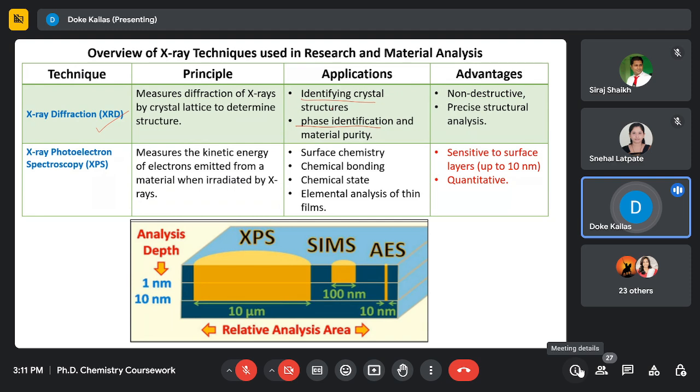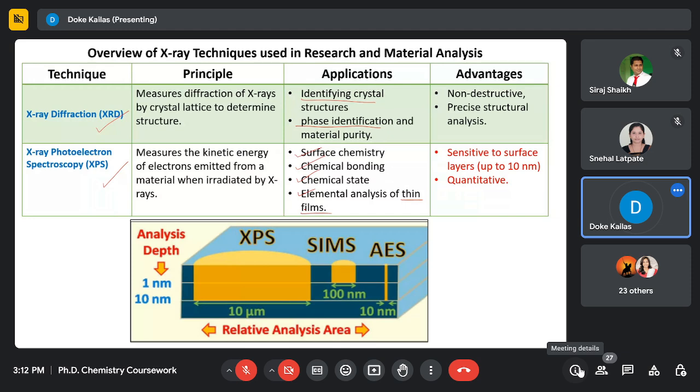Similar to X-ray diffraction, X-ray photoelectron spectroscopy has a lot of applications in surface chemistry, identification of chemical bonding, identification of chemical state, and elemental analysis we can perform in thin films of solid substances.